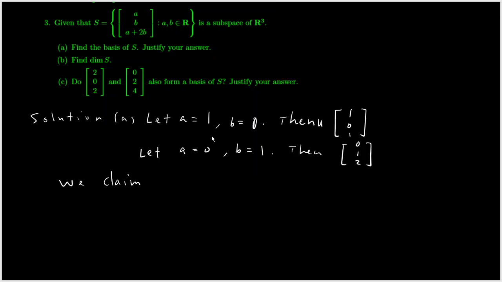I want to call the first vector U and the second vector V. And then we claim the two chosen vectors indeed form a basis of S, the subspace.